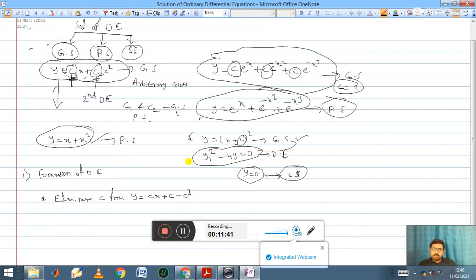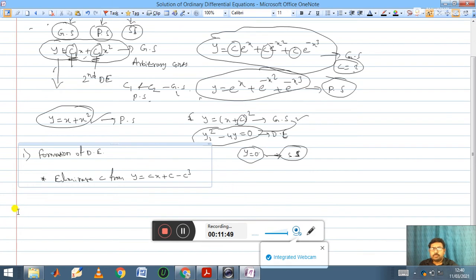Eliminate c from y equals cx plus c minus c cube. We can see that this is a general solution, because it consists of the dependent variable y on the LHS, and the RHS consists of the independent variable x and the constant c.